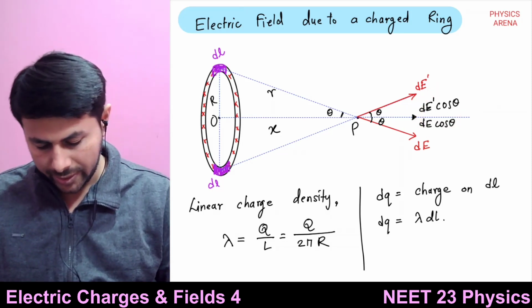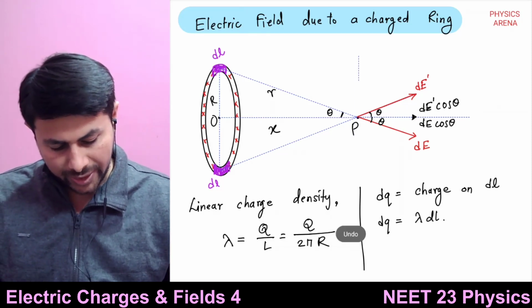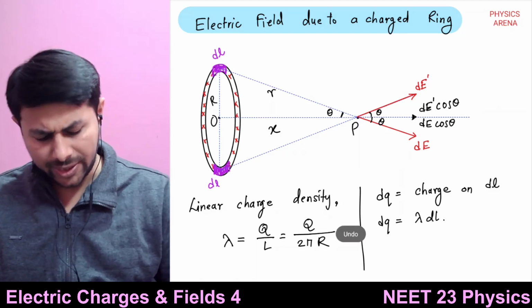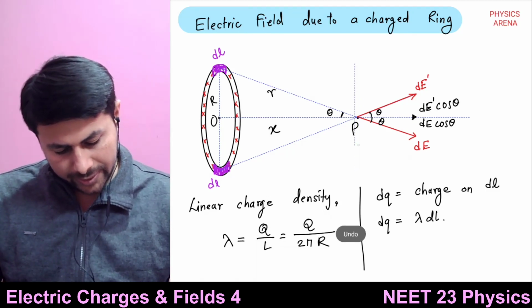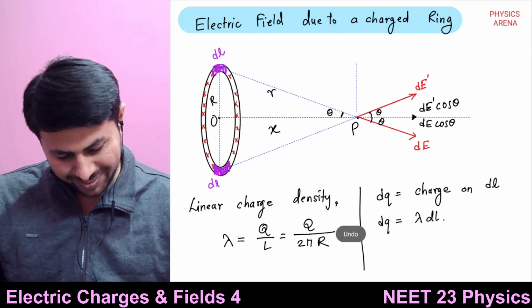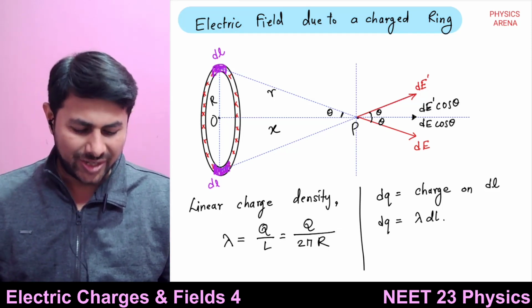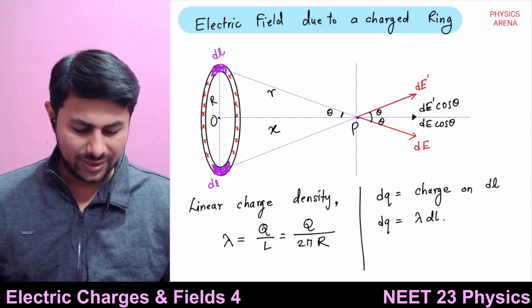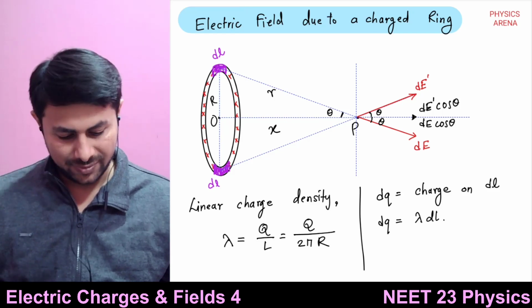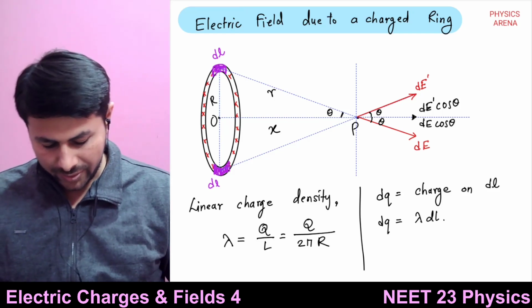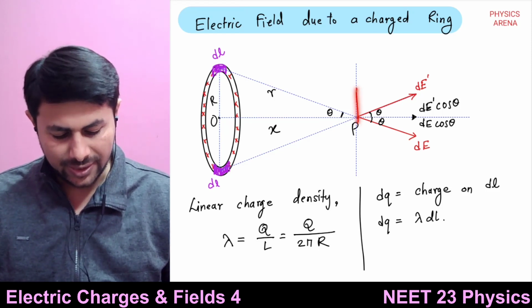And what about components perpendicular to the axis? Instead of saying horizontal and vertical, I would say components along the axis and perpendicular to the axis. Components perpendicular to the axis get cancelled out.